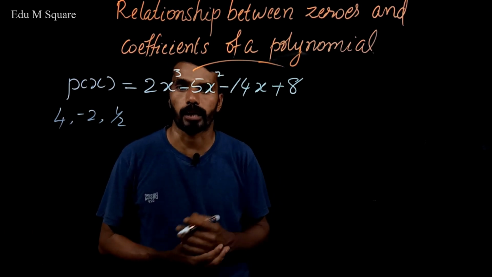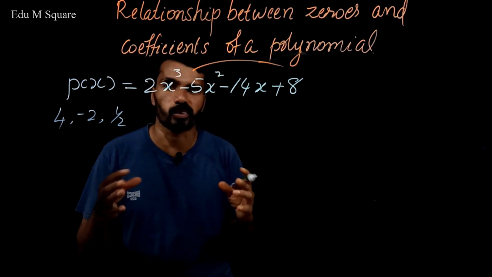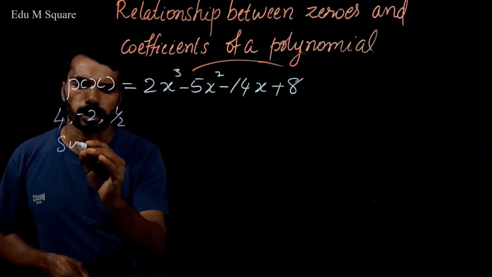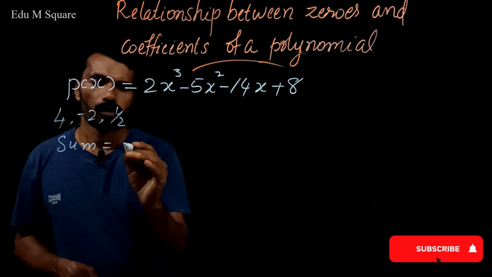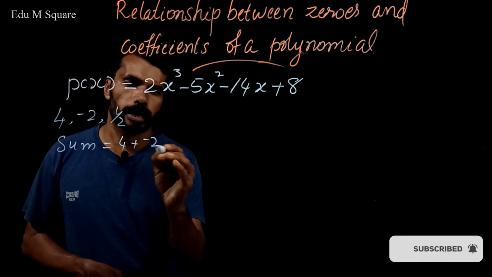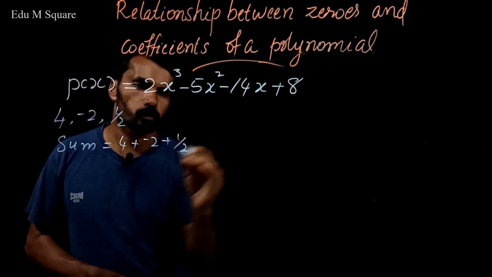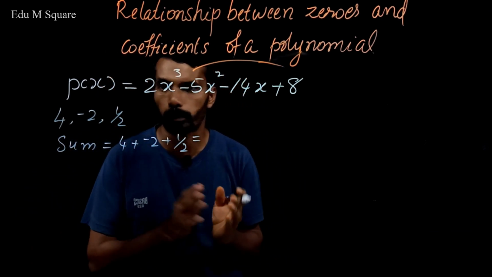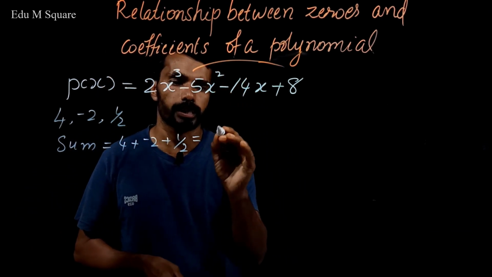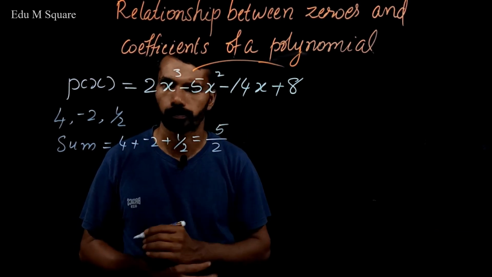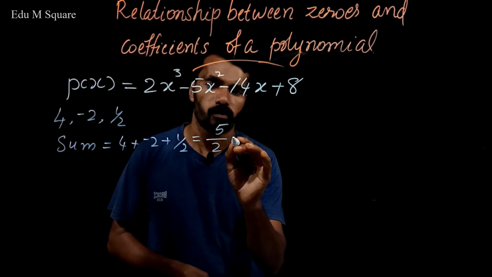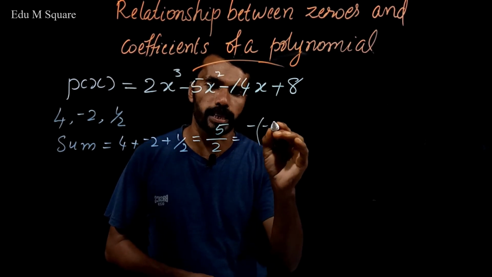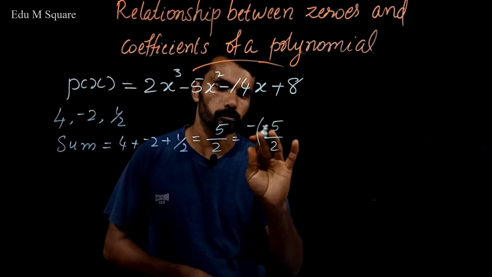Then let us find the sum of the zeros. Sum is equal to 4 plus minus 2 plus 1 by 2, which is 4 minus 2 is 2, 2 plus 1 by 2 is 2.5, or 5 by 2. Now this 5 by 2 can be written as minus of minus 5 by 2.